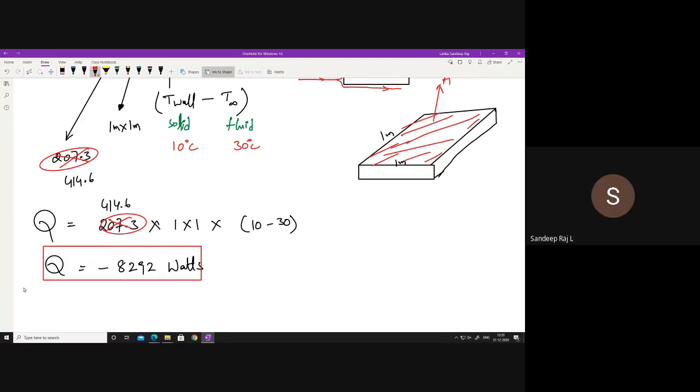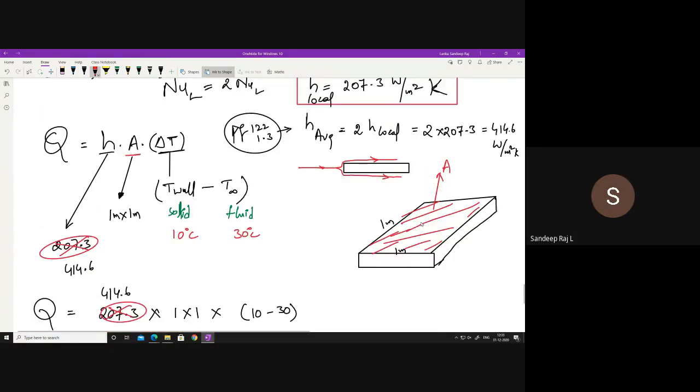Do you have any questions at this level? Sir, why should we not take the area at the bottom also, two times? See, what you are saying is that a similar area will be available at the bottom also.